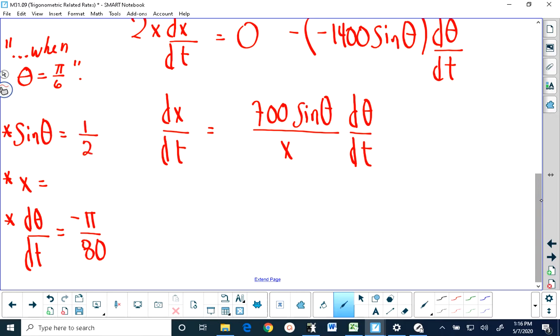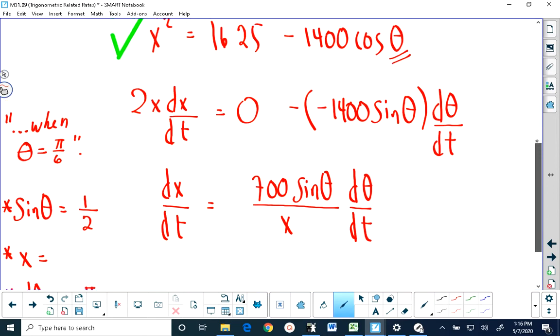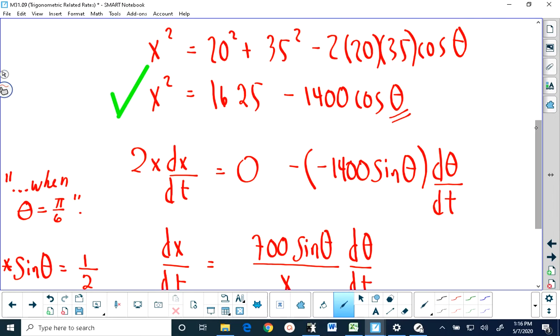We also need to determine what x is, which is the biggest detour in this question. We need to use the formula that we developed, this formula right here, to find out what the value of x is when theta is pi over 6.